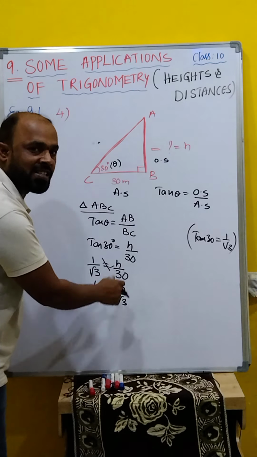Root 3 into root 3 is 3. Cancel, 3 ones are 3 and 3 tens are 30. Finally 10 root 3. Then h is equal to 10 root 3 meters. Therefore, the height of the tower or height of the pole is 10 root 3 meters. Clear, children?